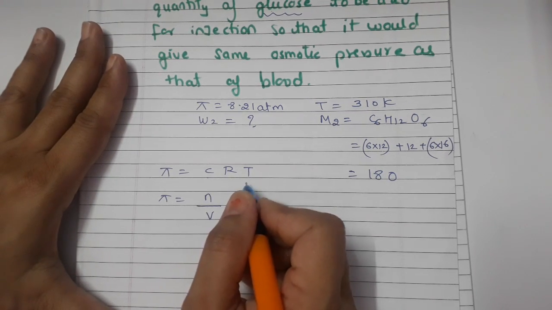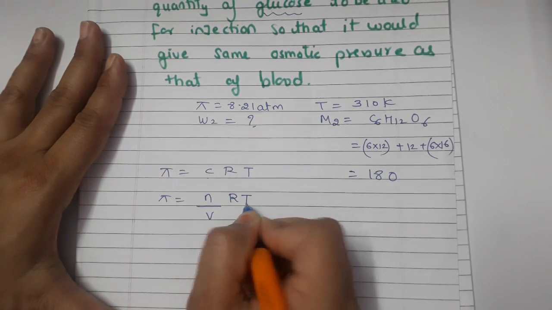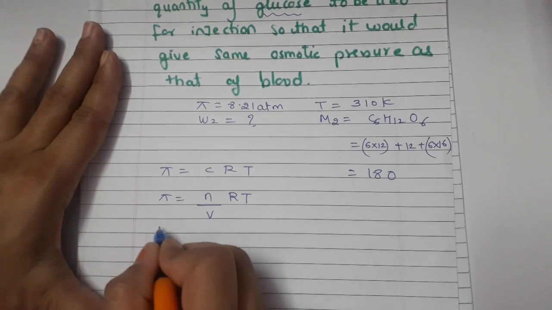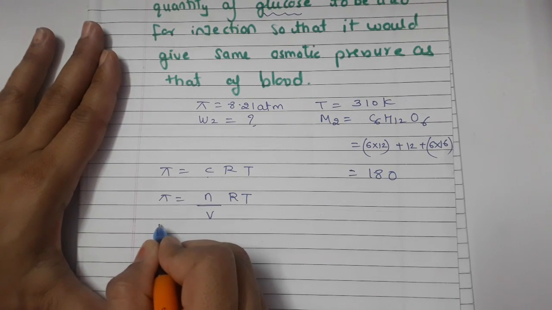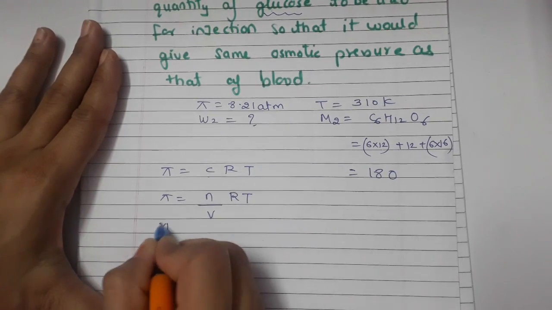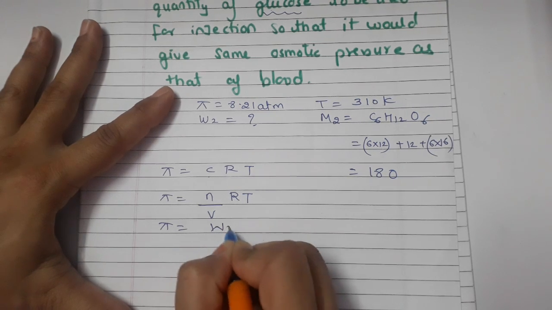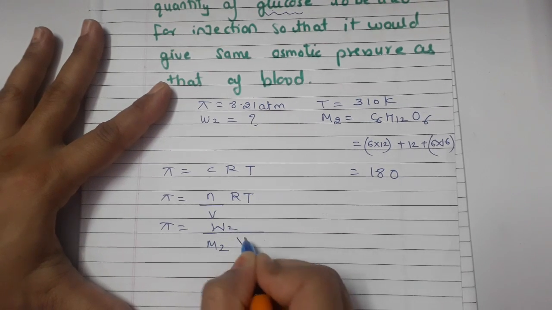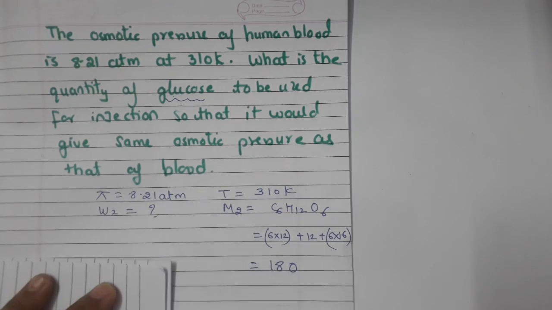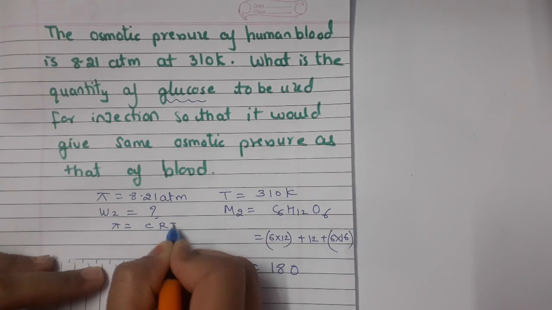So pi is equal to number of moles, W2 upon M2 into V, RT. How are we going to solve this? It will be pi is equal to CRT.